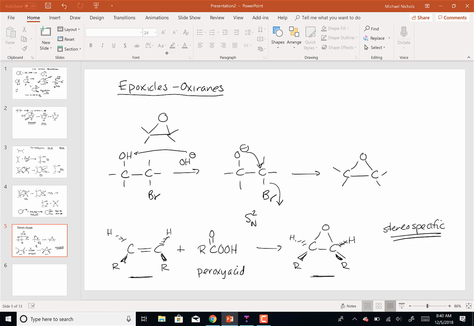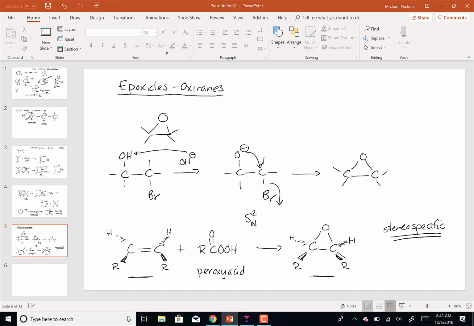With specificity, the focus is on the reactant. So this reaction is stereospecific because if I change the stereochemistry of the reactant, I get a different stereochemistry of the product.